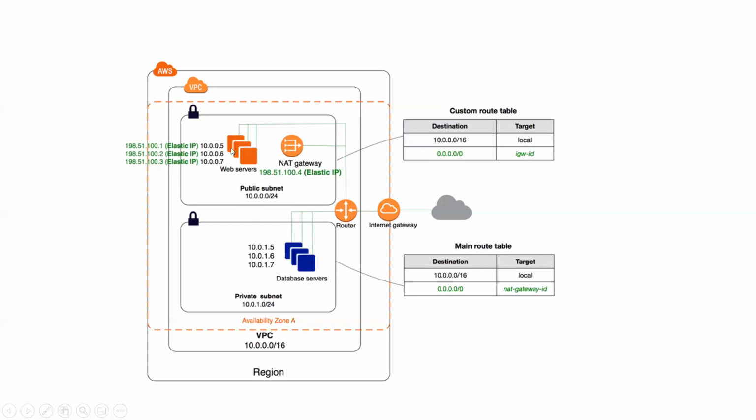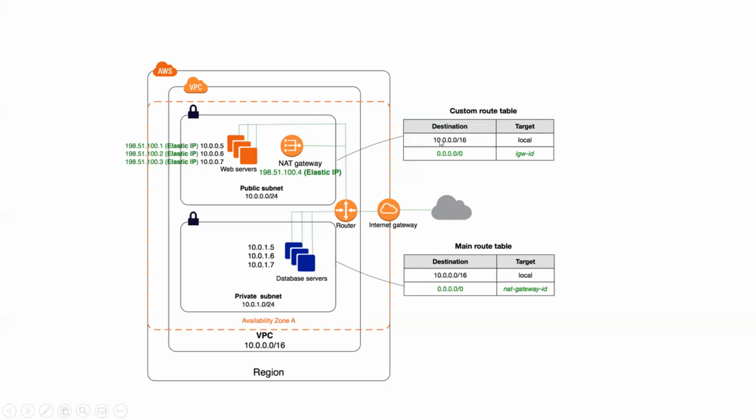Let's say the web server is trying to go out, for example if I'm trying to update my web server with sudo yum update. The router asks who you are trying to talk to. Well, I'm trying to talk to somebody outside of my VPC. Then it will look at the route table and see that this guy is outside of my VPC.